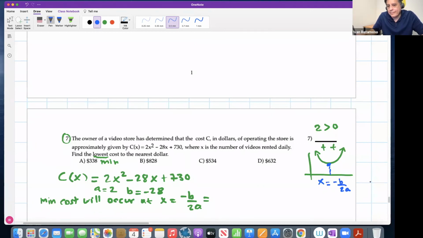Try this. And you need a calculator there, right? So try to use your scientific calculator there.